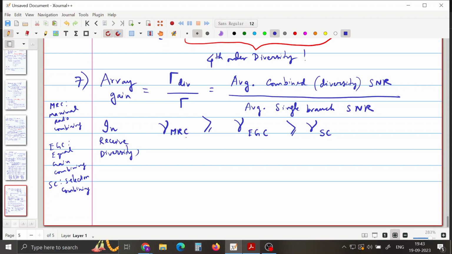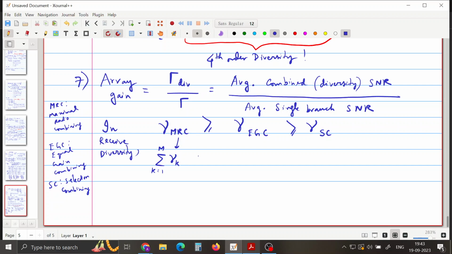Okay, how are we getting this order? See, mathematically you can express them. For gamma MRC, you simply take the sum of all the components, right? So that is simply the summation, k runs from 1 to M, assuming there are capital M antennas, of gamma k.